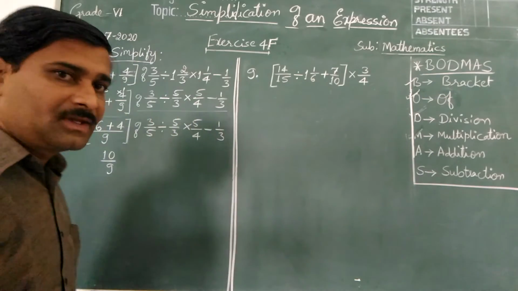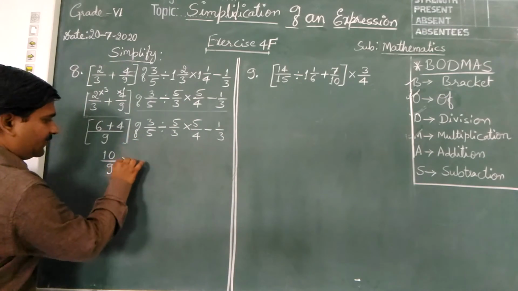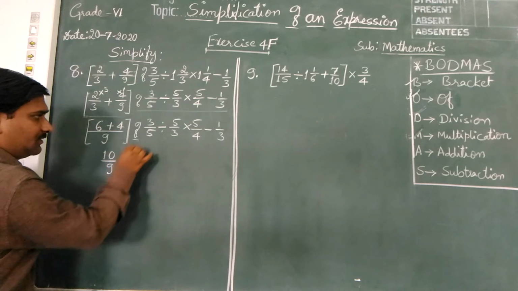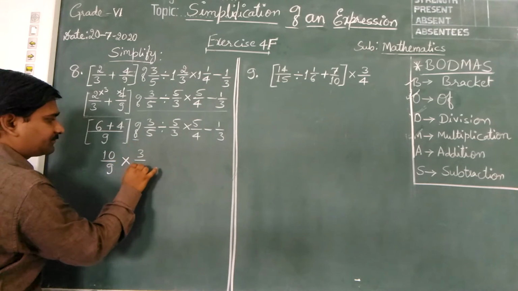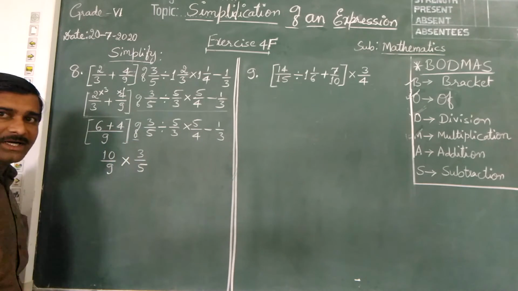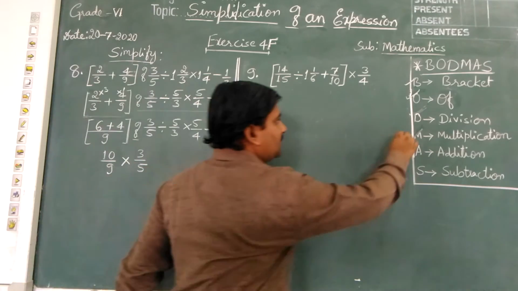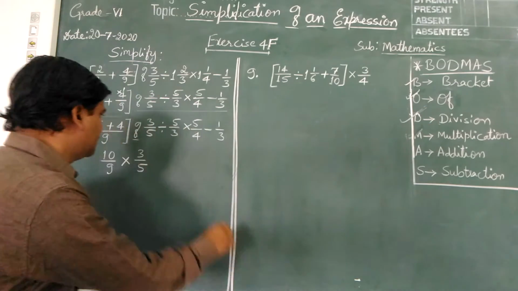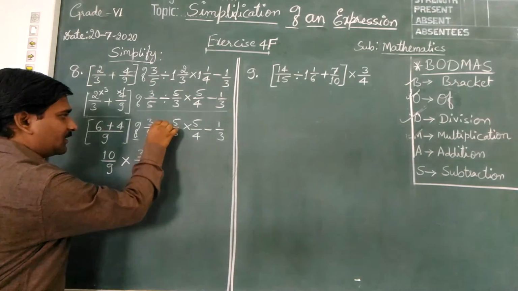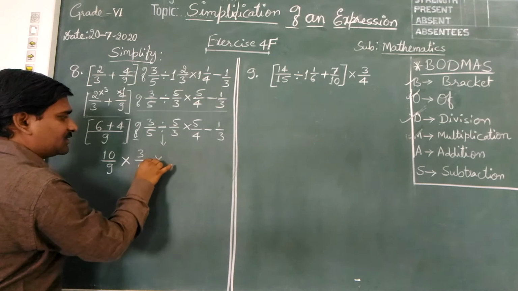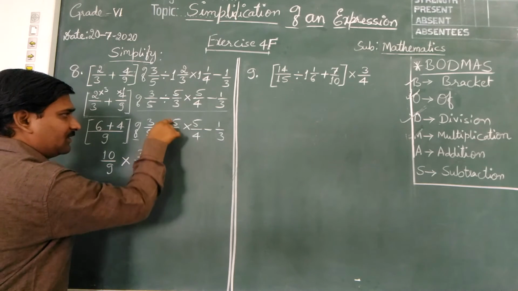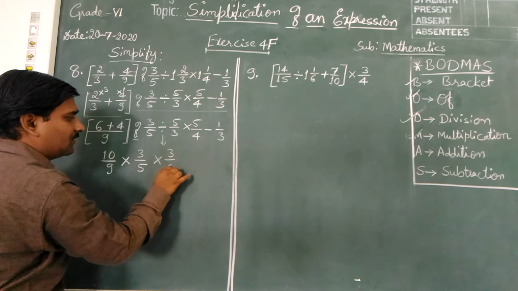'Of' is here. 'Of' means multiplication. Write 3 by 5. Next operation, that is division, is here. Convert division to multiplication. So the second fraction will be its reciprocal.